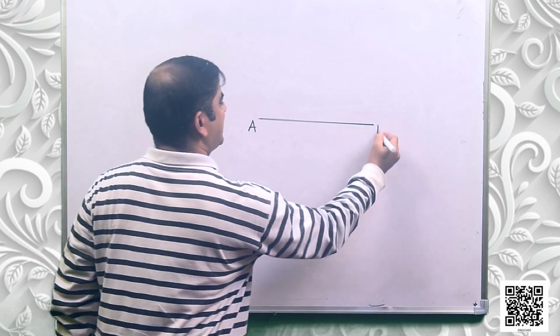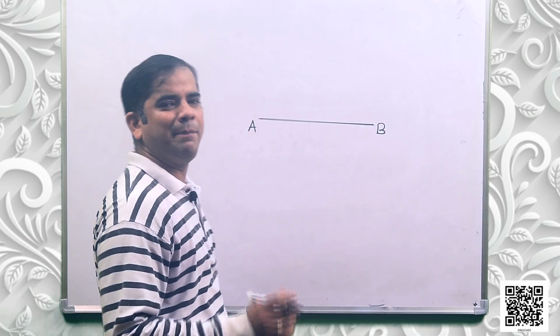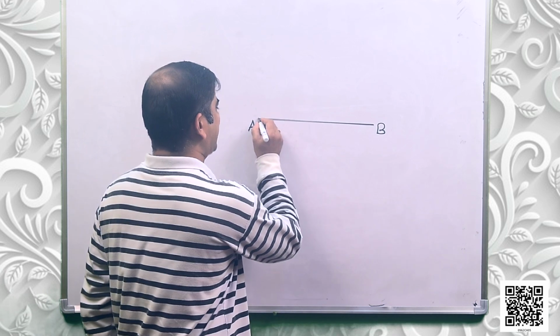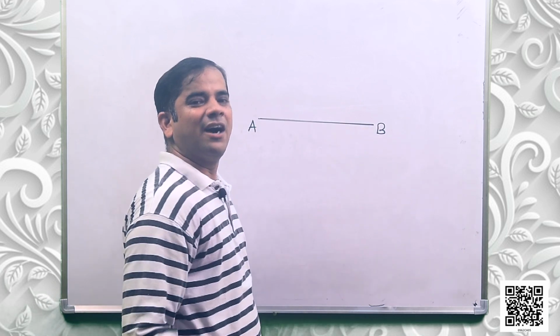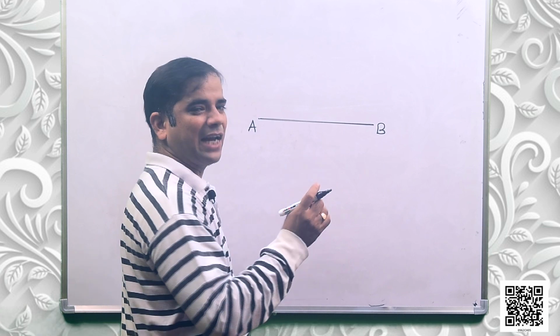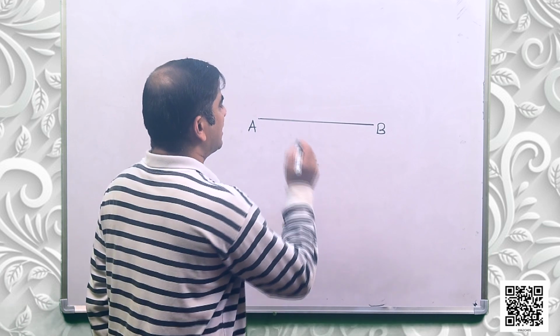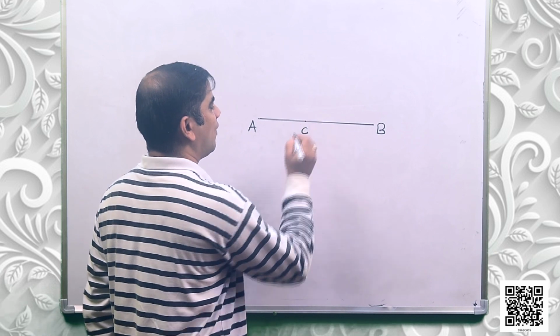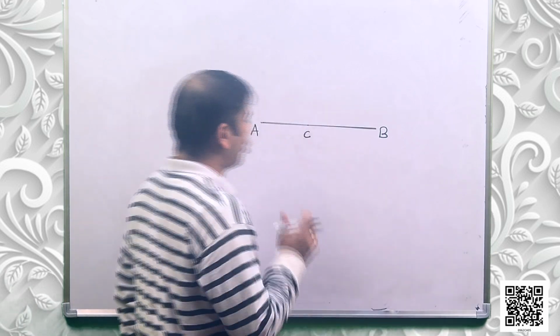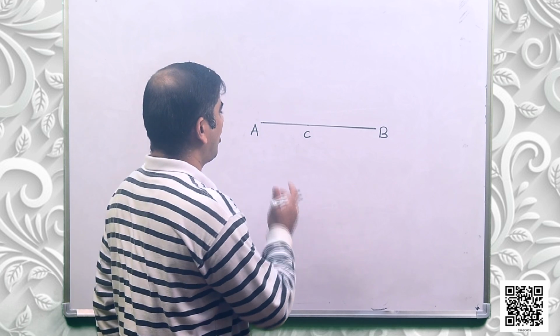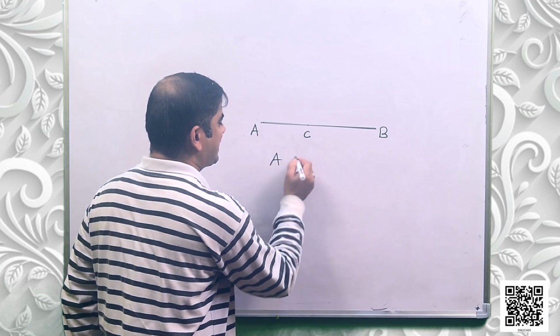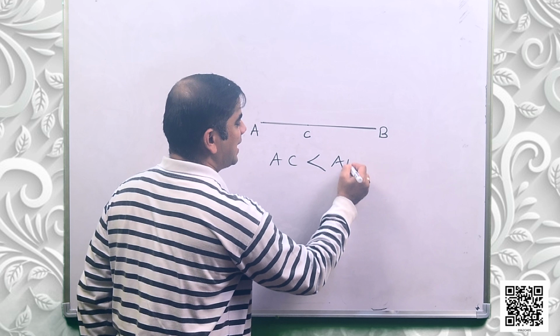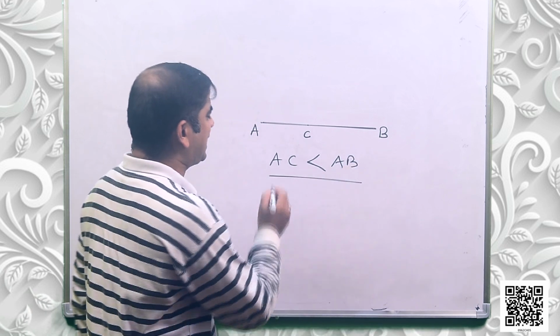Suppose this is a line segment AB. AB is a line segment which can be treated as a whole. Let us have a point C on the line segment AB. It is obvious that AC is less than AB. What is AC?